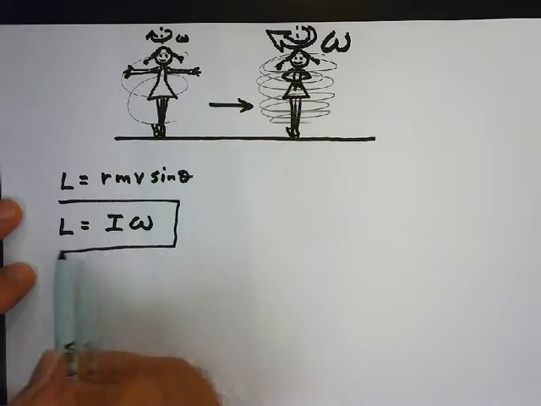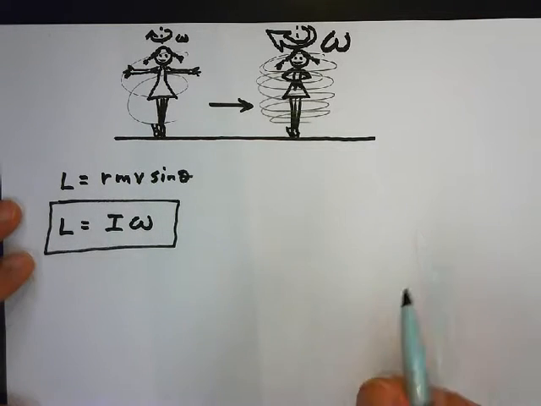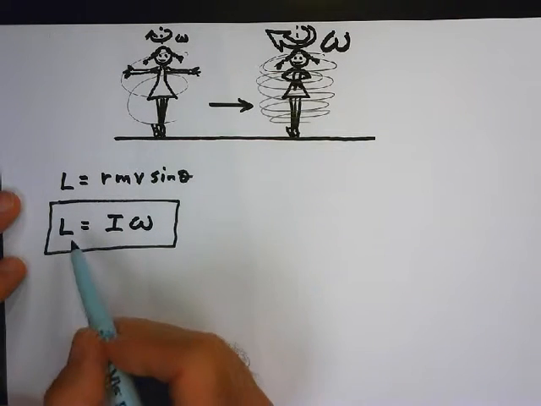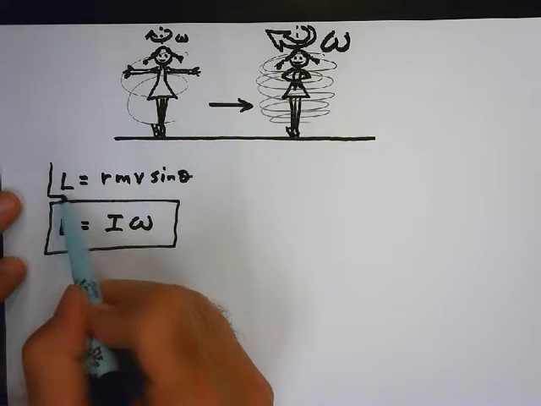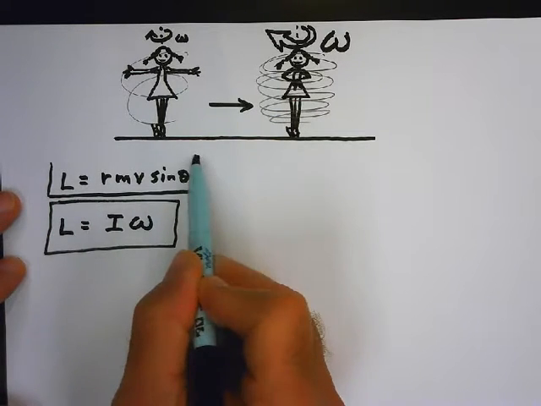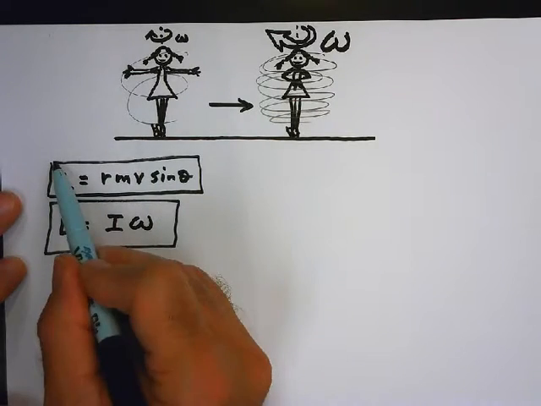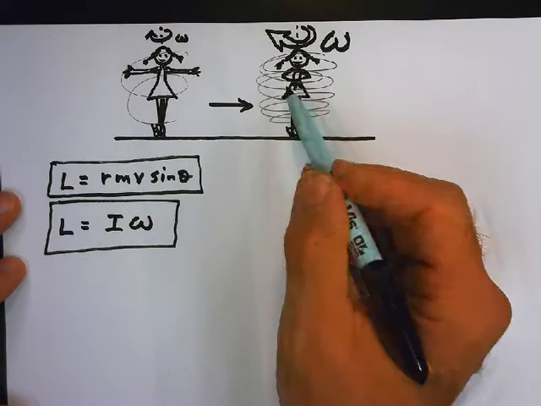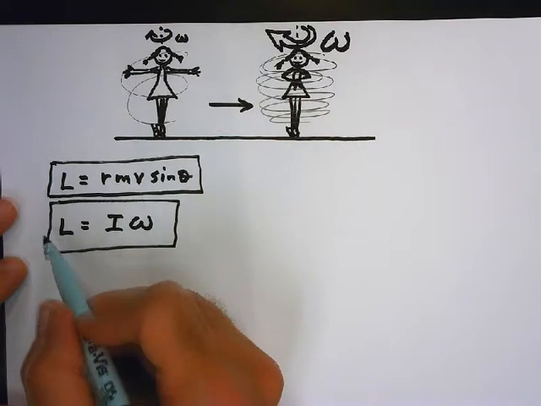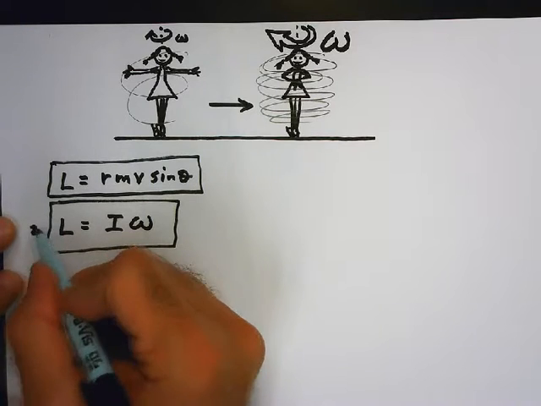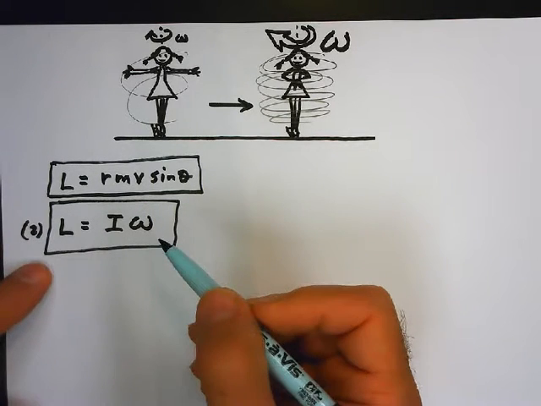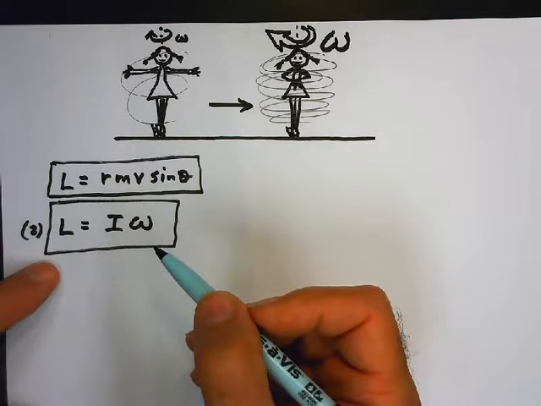So depending on the type of problem you're going to be doing, you're either going to be using the formula that I showed you, which is useful for, say, the Earth going around the Sun, but in this case, the second form of the formula is much more useful.